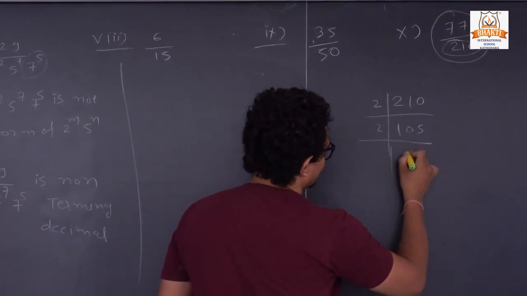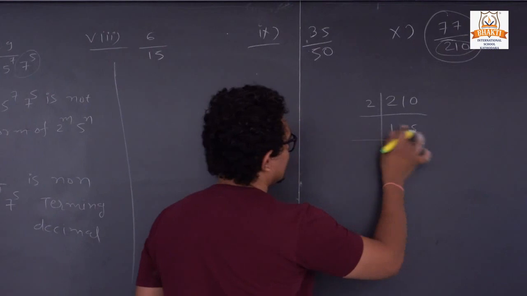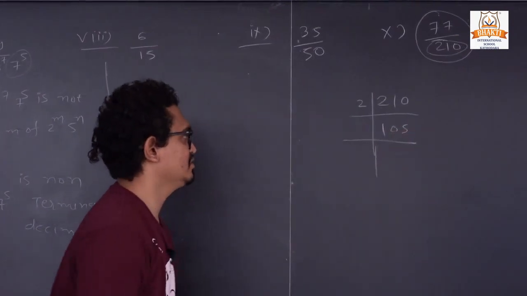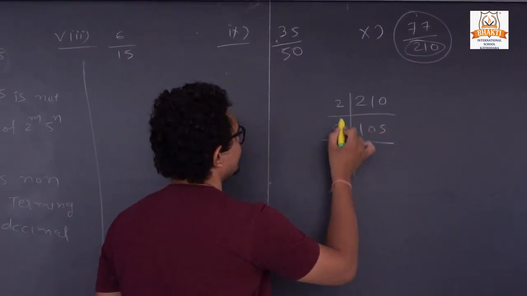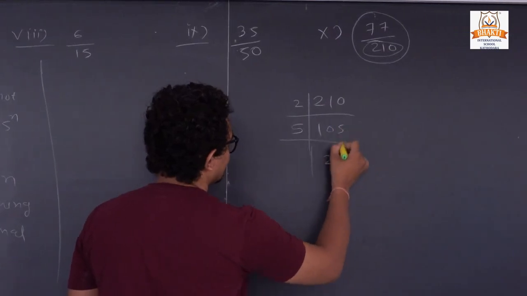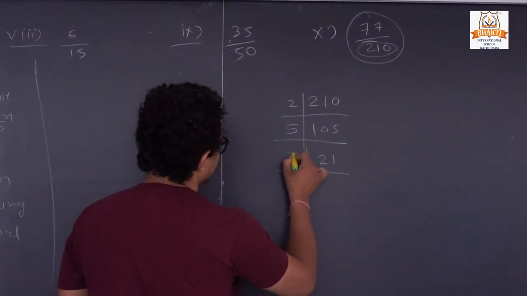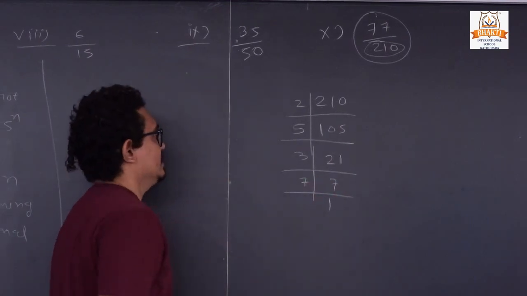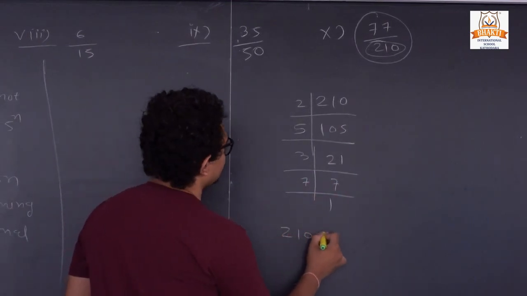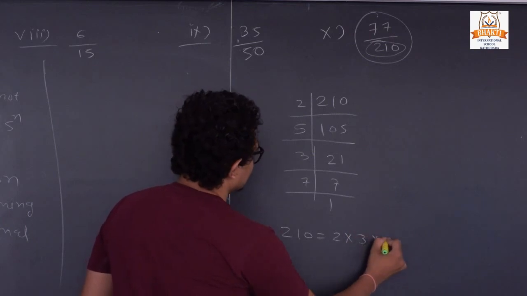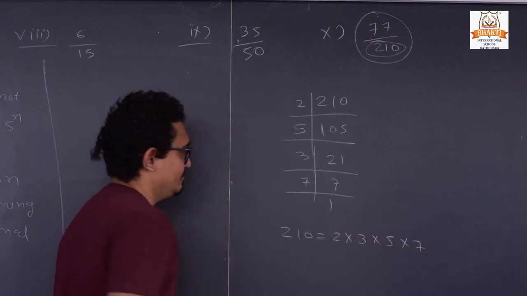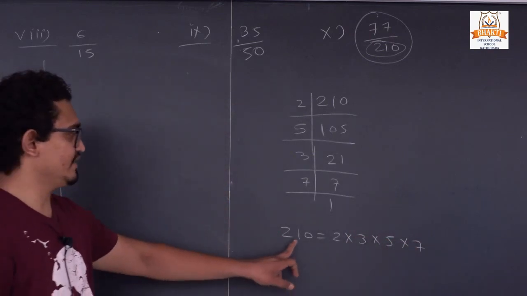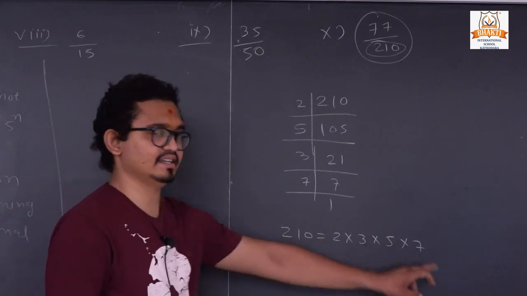No, the last digit is 5, so we cannot divide by 2. So we can start with 5. So 5 twos are, 5 ones are. Once again 3. So 7 and 7 ones are 7. So what is the factor of that number, if we rearrange, we can find its factors like 2, 3, 5, 7.